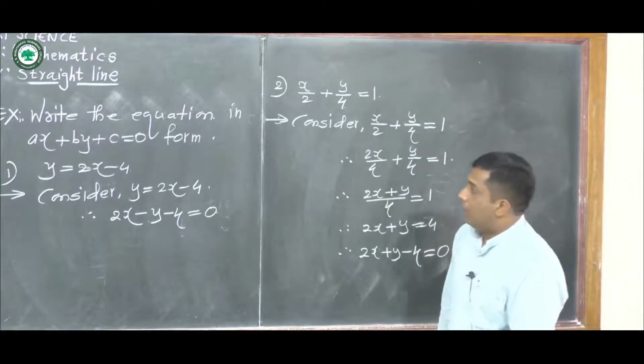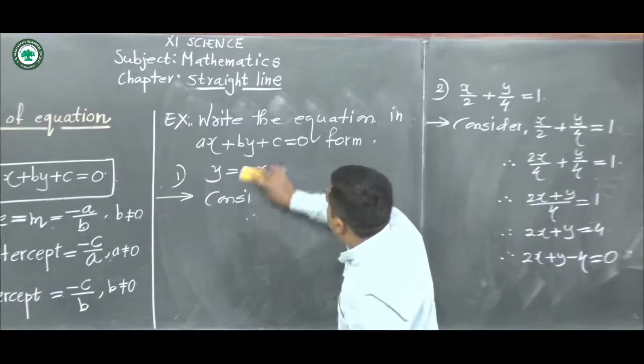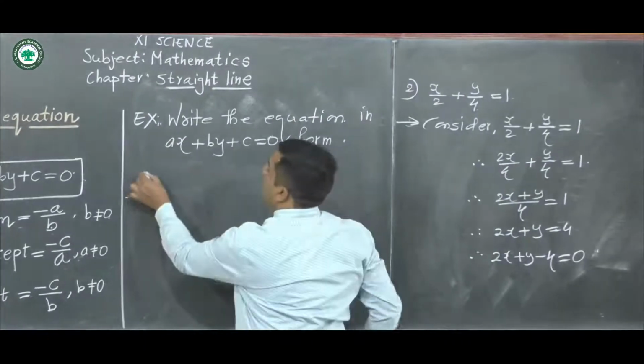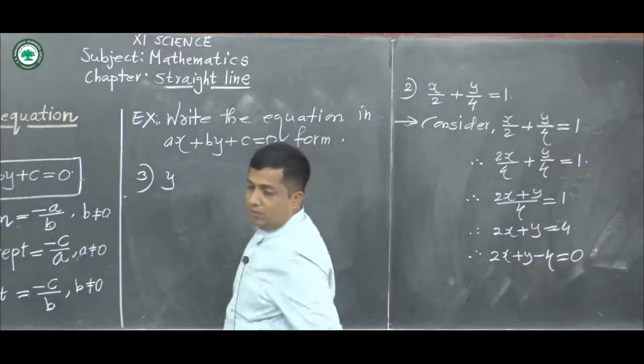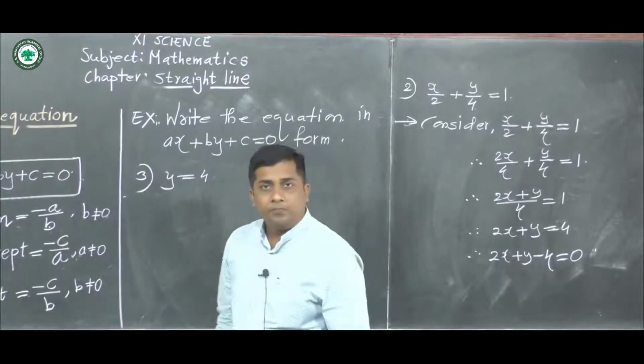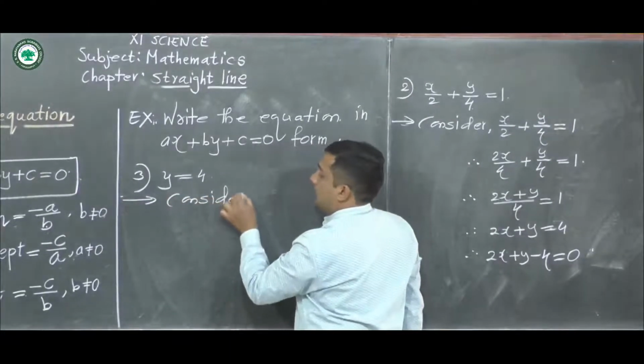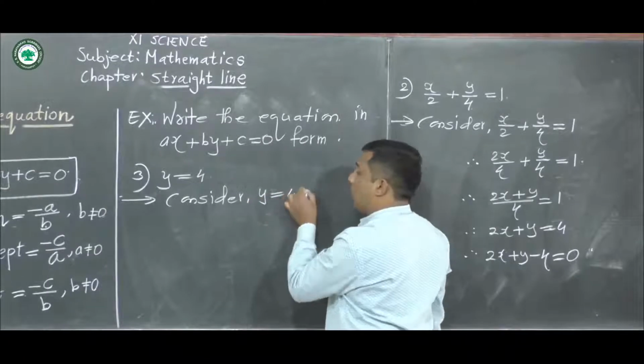Okay, let's go with our third example. Here in the third, given y is equal to 4. Only y is equal to 4 is given. Let us consider the given equation. Again, consider y is equal to 4.